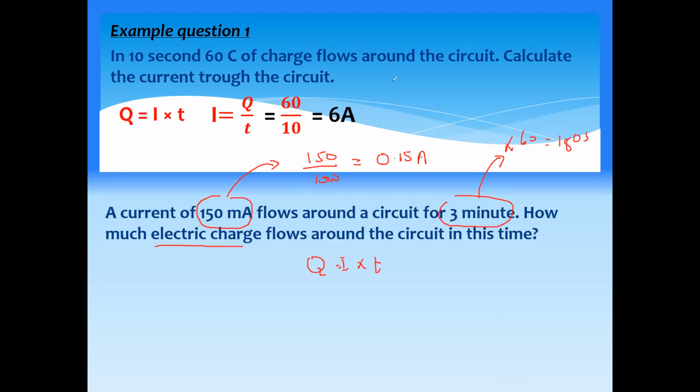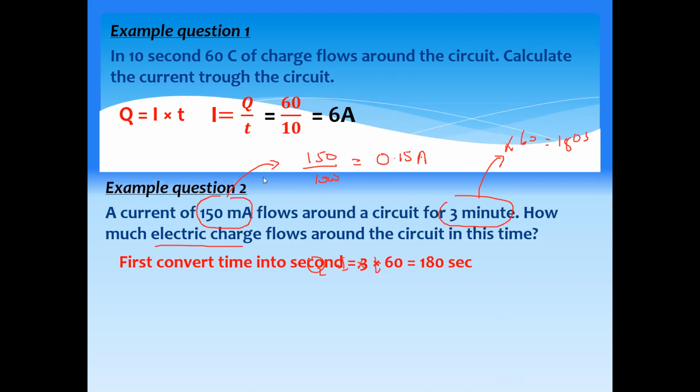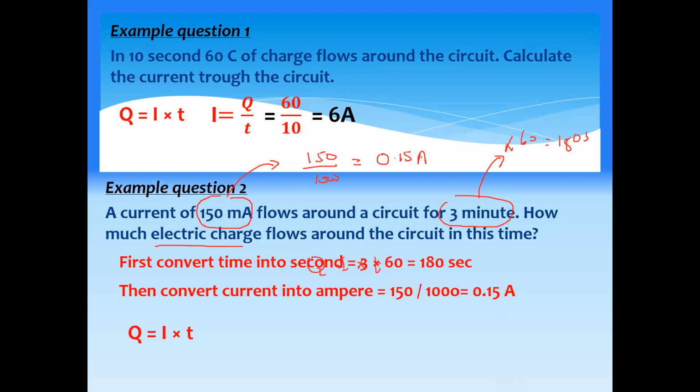So it will be 27. So unit conversion is always important when you're solving a question. And 27 coulombs, the unit is coulomb for the charge. Is it clear, this second example?